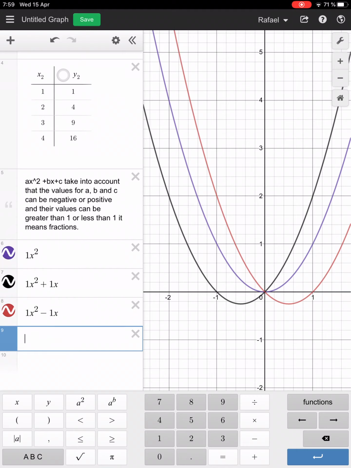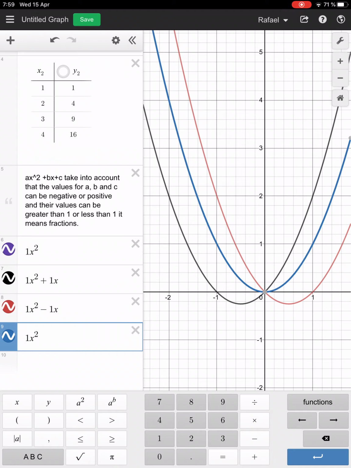Now we are going to explore the third parameter, that is c. But imagine, what is the direction that c can take? Well, if b is moving over the x-axis, c is moving over the y-axis. Therefore, we are going to verify this statement by doing a little example.